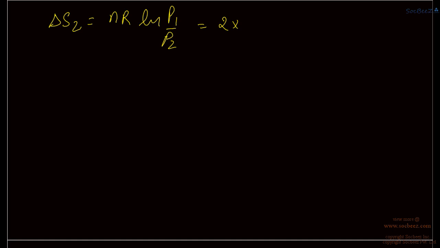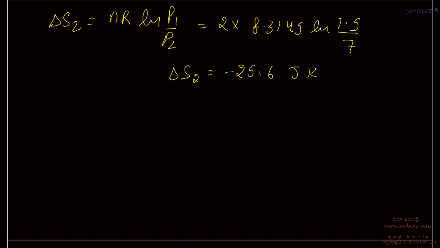So if we solve it further, we get the value as 2 into 8.3145 ln 1.5 upon 7. Initial pressure was 1.5 atm and the final pressure is 7 atm. So from here the value of delta S2 is minus 25.6 joule per Kelvin.